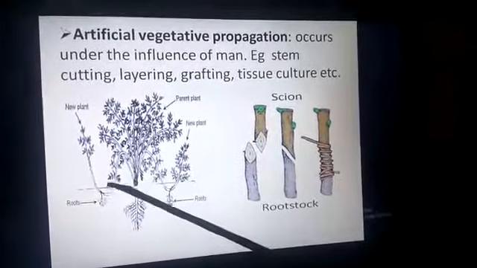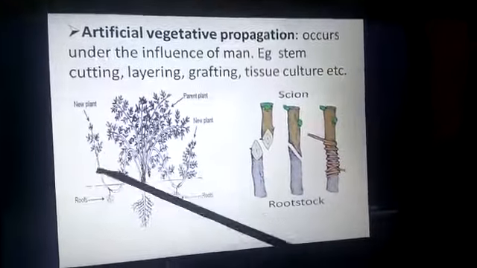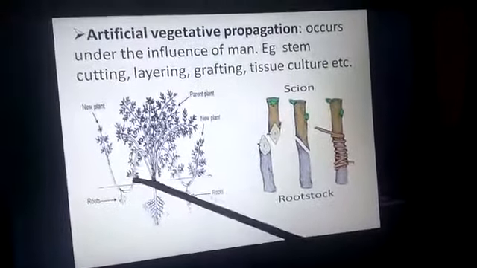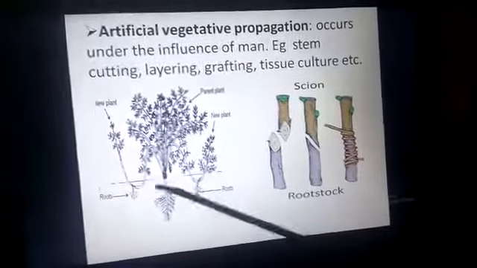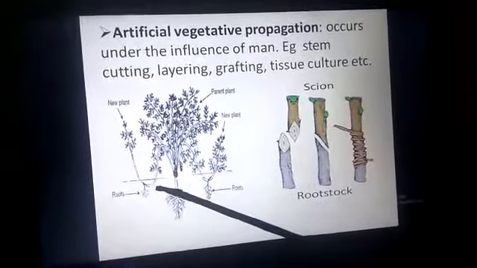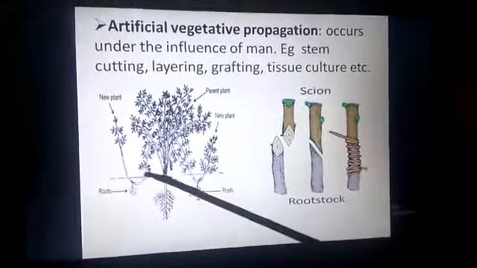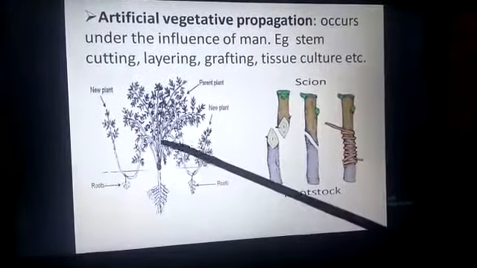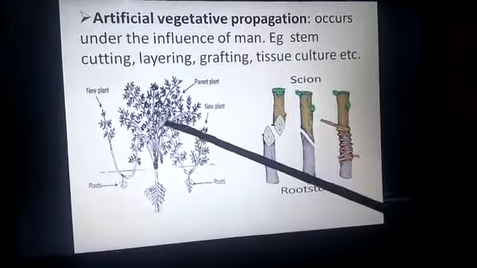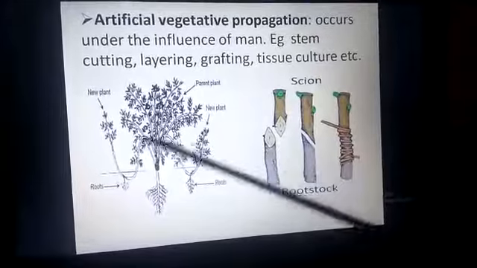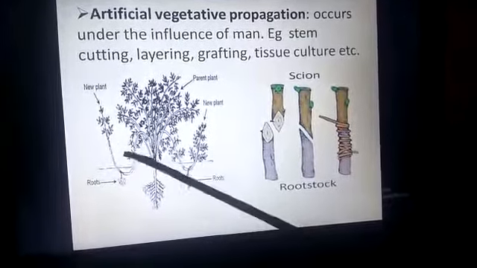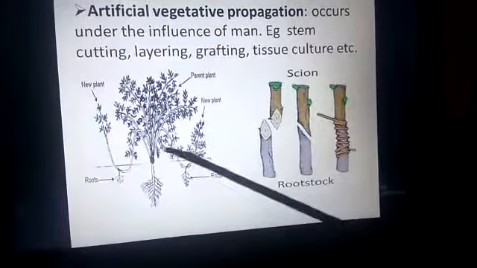After a few days or a week, the part of the stem that is covered with soil produces roots. And once it produces roots and buds, the stem can be separated from the parent plant. Then it will grow into an individual jasmine plant.